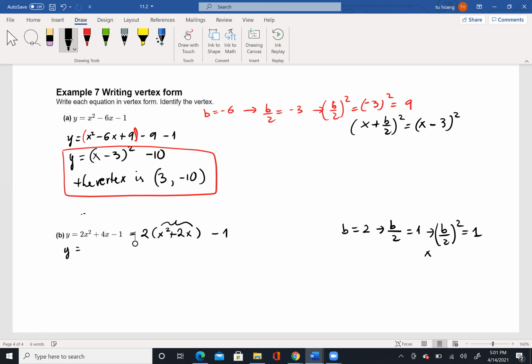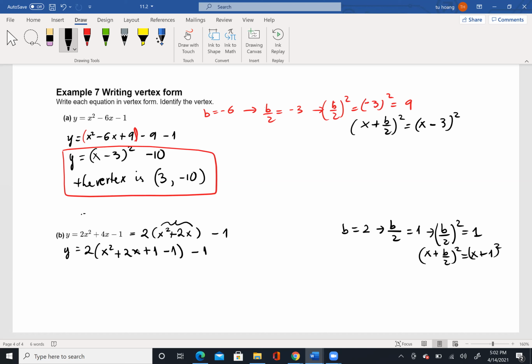And the form x plus b over 2 squared will be (x + 1)². And now I will add and subtract b over 2 squared inside the parentheses. So I have 2 times (x squared plus 2x, adding 1, subtract 1), minus 1 outside here.